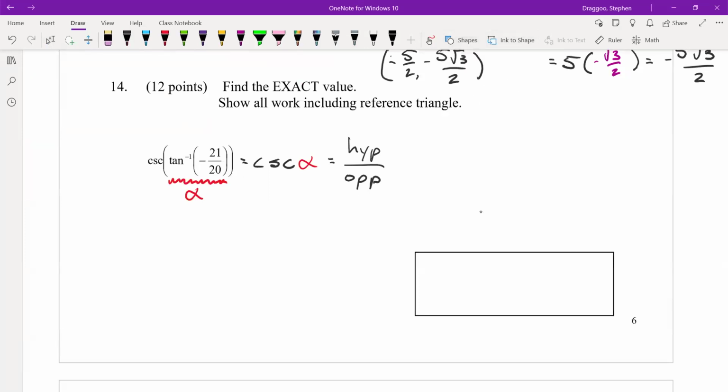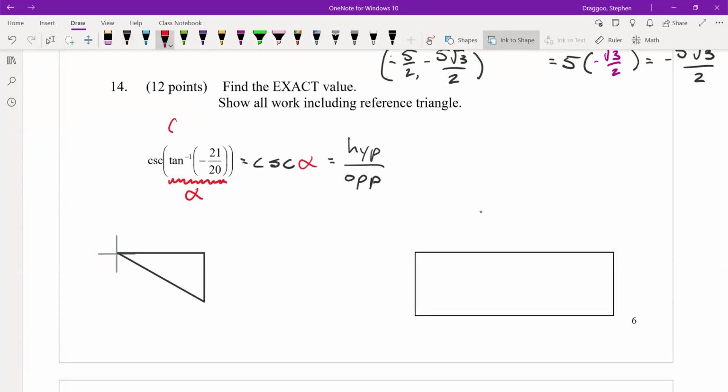So that's exactly what we'll do. I'll just add in some coordinate axes over here and measure in a triangle. I know that I'm taking the tangent inverse of a negative number, so my reference angle should be placed in the 4th quadrant.